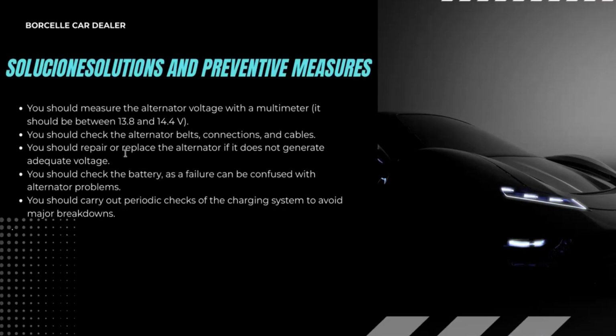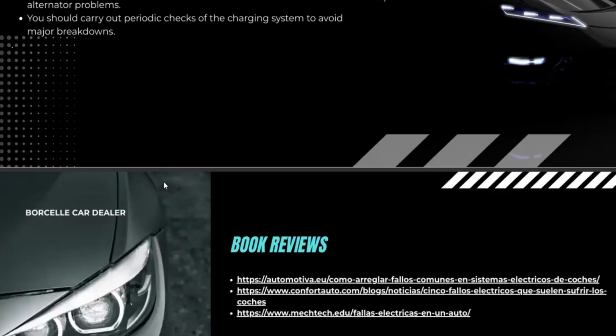You should repair or replace the alternator if it does not generate adequate voltage. You should check the battery, as its failure can be confused with alternator problems. You should carry out periodic checks of the charging system to avoid major breakdowns.